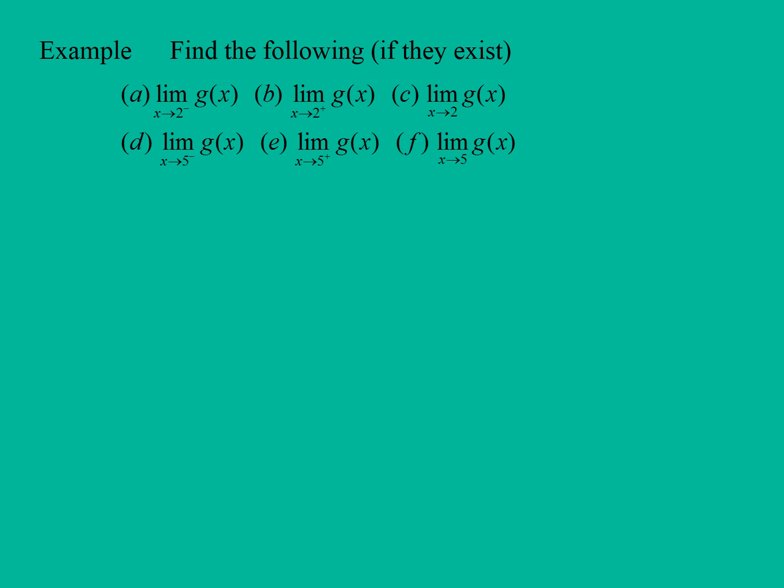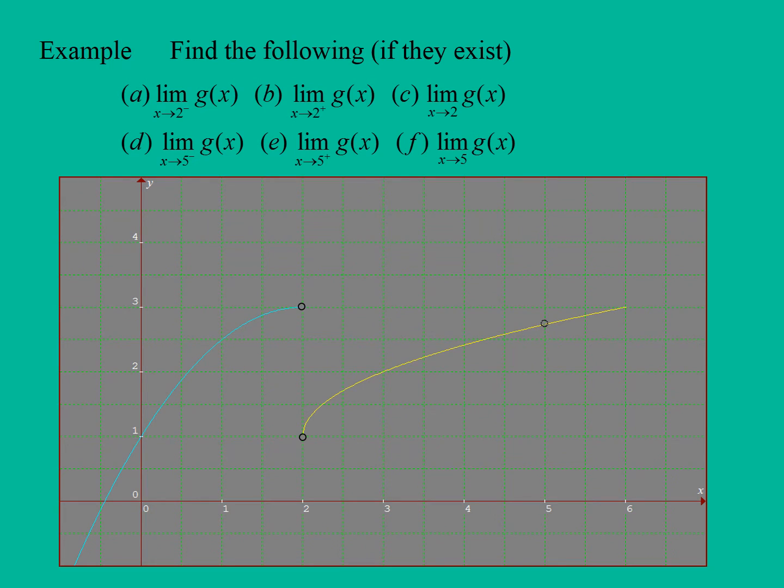So let's find the following limits if they exist. Part A says the limit of g of x as x approaches 2 from the left. This is our function g of x as you see on the screen.